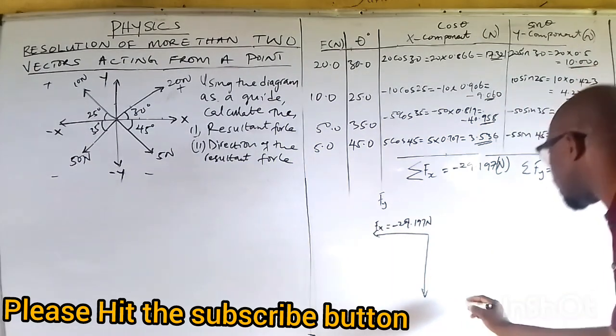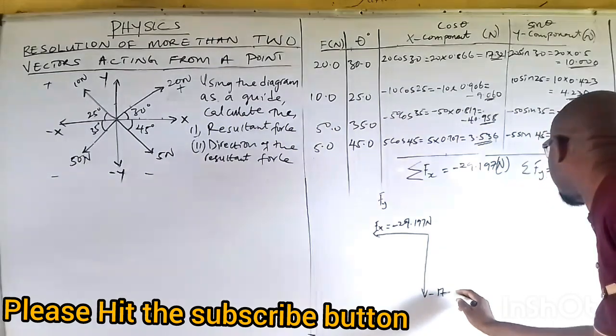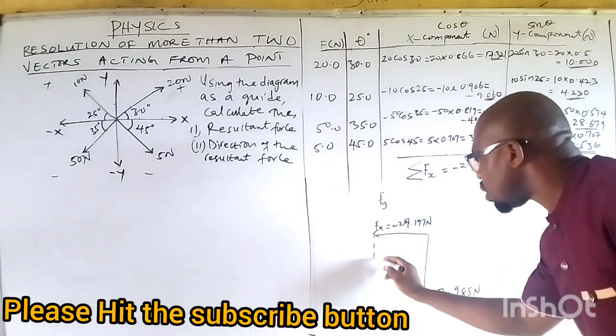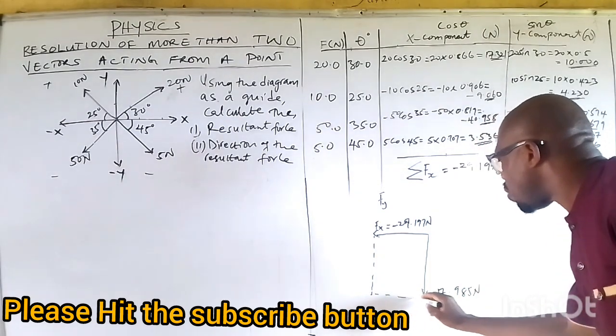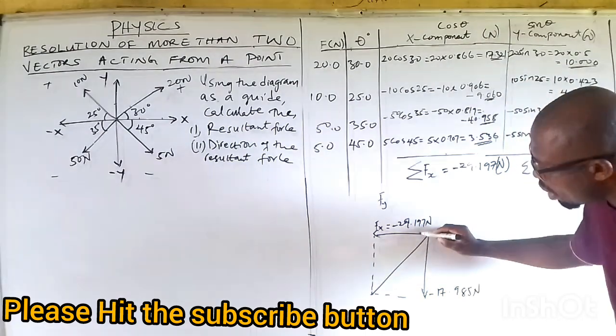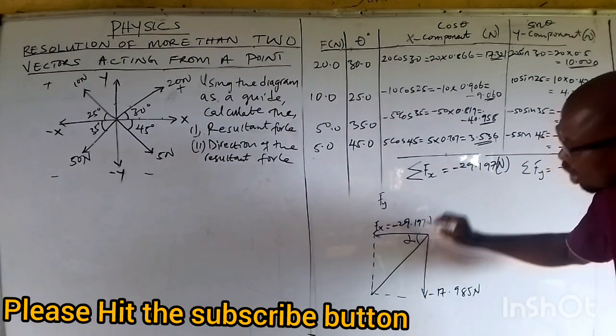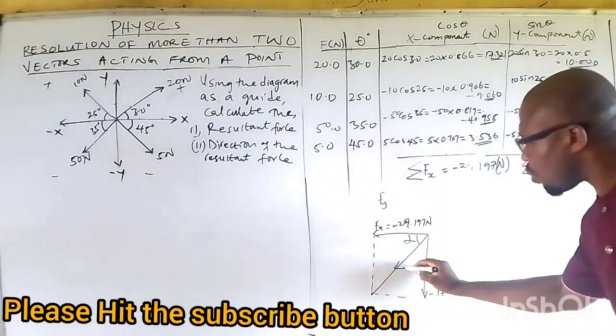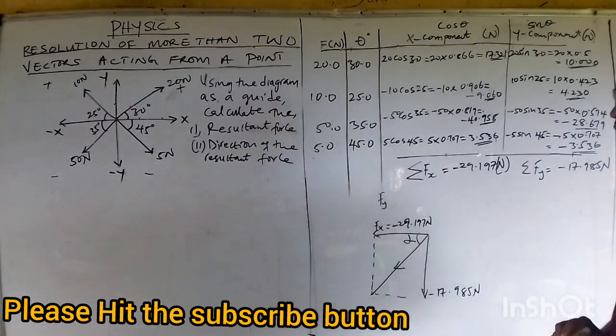The y is minus 17.985 Newton. So all we need to do is complete this square, draw a diagonal here. Now, this is the direction, alpha. So here will give us our resultant.